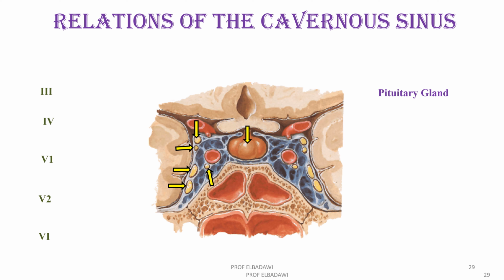The pituitary gland is on the medial side. The internal carotid artery is in the floor first, then goes upwards, piercing the sinus to go backward above the sinus. So it has two relations with the cavernous sinus. The sphenoidal air sinuses are below and medial to it. The temporal lobes are lateral, especially the uncus, the part of the temporal lobe.